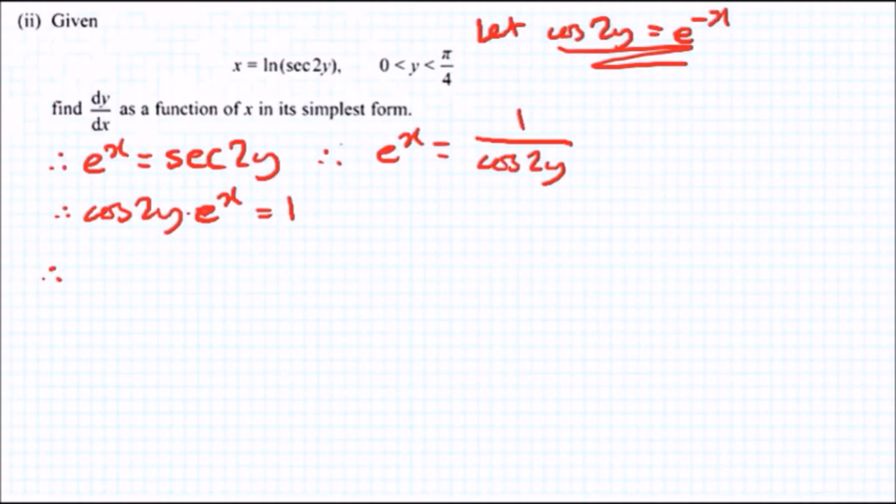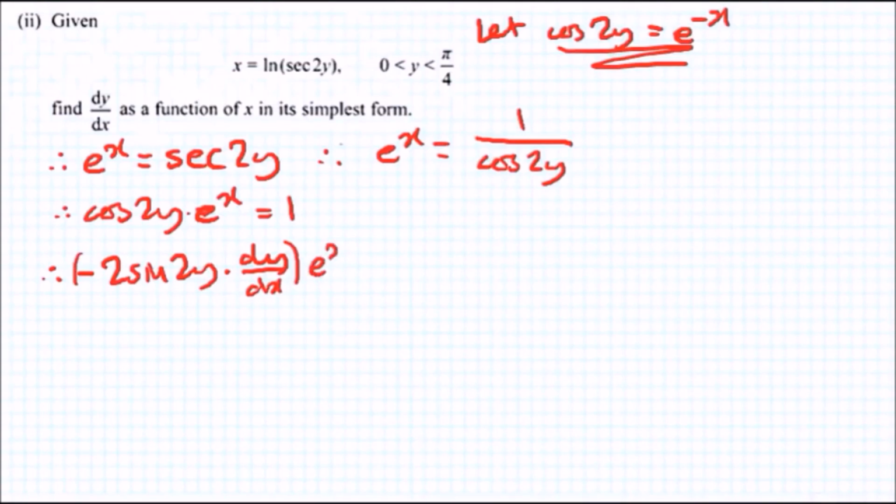So the derivative of cos 2y will give us negative 2 sin 2y times dy/dx. Remember, because it's a y term, the derivative of 2y becomes 2 dy/dx. And then you copy the e^x. Plus, now we copy the cos 2y, and we differentiate the e^x, which is e^x. And to differentiate the 1, well, it's just 0.